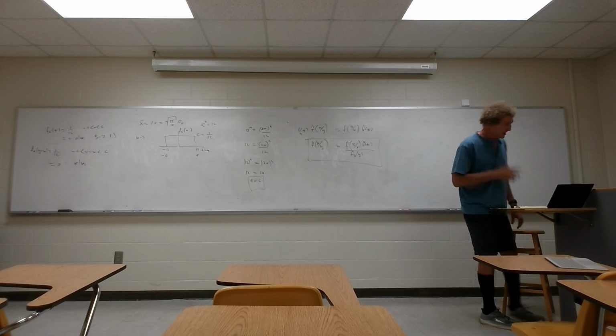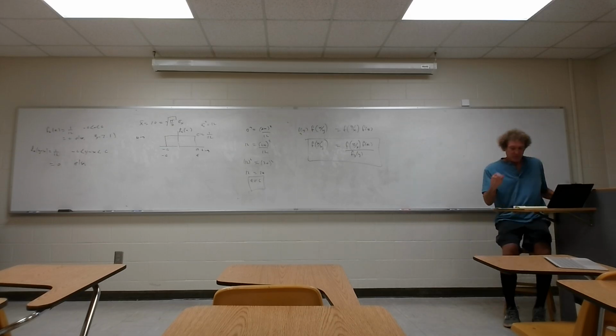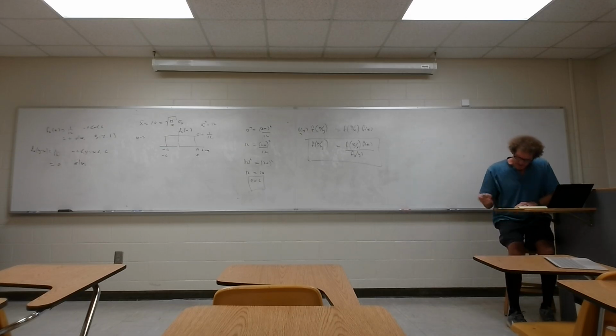I'm pretty sure. I'm almost guaranteeing you that's it. f of x given y is equal to f of x times f of n of y minus x over f of y.